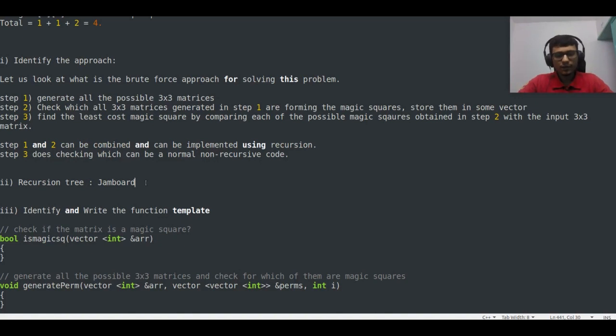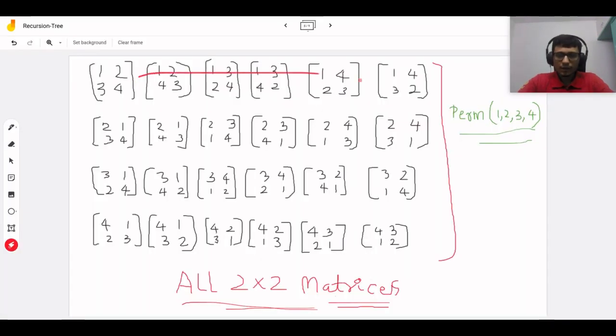Okay, so before looking into the recursion tree, let us take one step back and look into all the possible 2 cross 2 matrices. So here I have drawn all the possible 2 cross 2 matrices. There is one observation to be made here. If you flatten all these matrices, that is if you read all these matrices in this order, from left to right and from top to bottom, and put all of them together, what you will obtain is all the permutations of 1, 2, 3, 4.